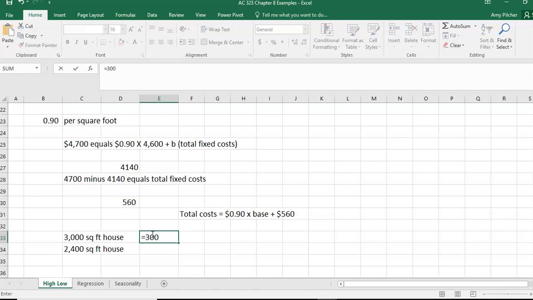So 3,000 times 0.9 plus 560 gives us a total cost of $3,260. 2,400 times 0.9 plus fixed costs of 560 equals $2,720.